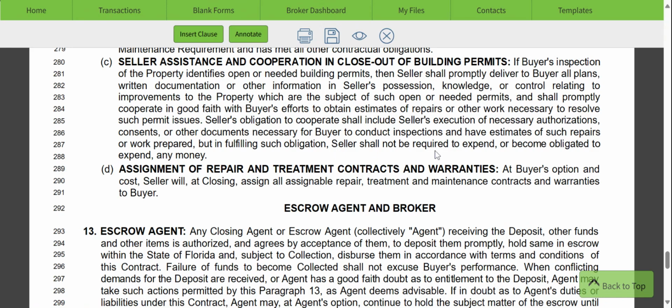Okay, now everything in a real estate contract is negotiable. So, if the buyer wants to cancel, they can elect to cancel. They can also propose to the seller that the seller do certain things to allow the buyer to go through with the contract, meaning the buyer can bring up that they need certain things corrected.